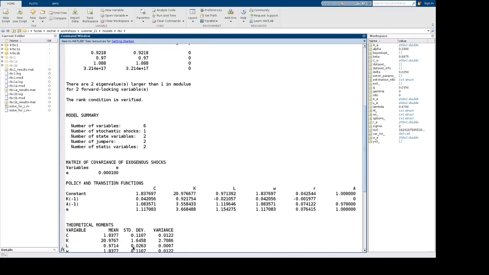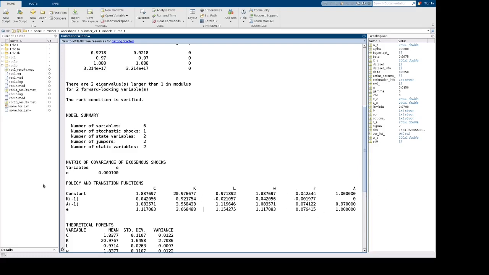Now we have the result for the stoch_simul command. So we get, as I showed you before, first the policy and transition function, which are indeed the coefficients of the first order approximated rule. So here you have them for consumption, for capital stock, labor, wages, and so on and so forth.